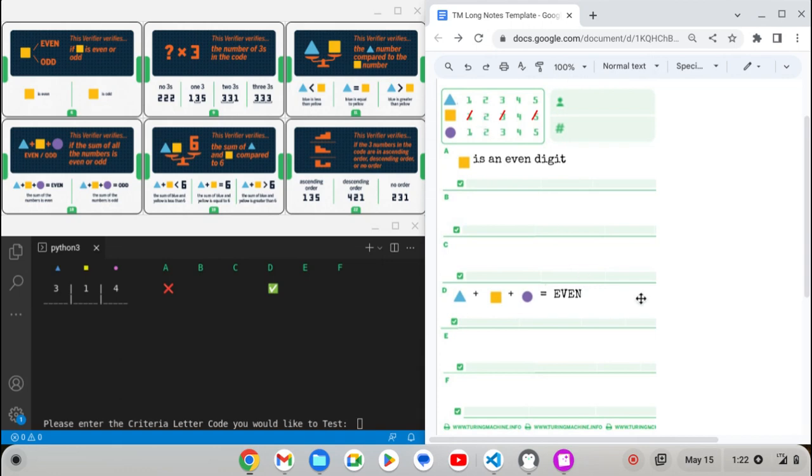So in my notes, I'm going to add that triangle and circle are both, let me write it down here, are both even or odd.